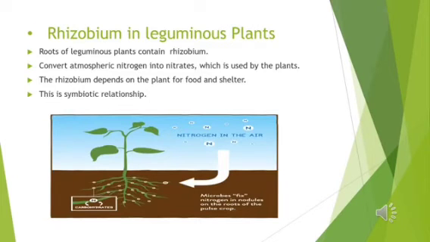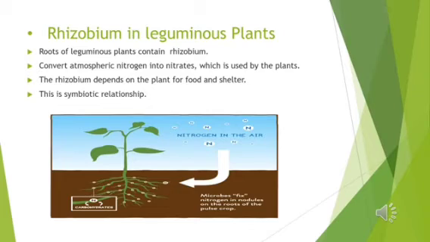Now let me talk to you about the relationship between the rhizobium and the leguminous plants. Now for example, if we take the roots of leguminous plants like the beans, gram, etc., they contain this rhizobium bacteria.